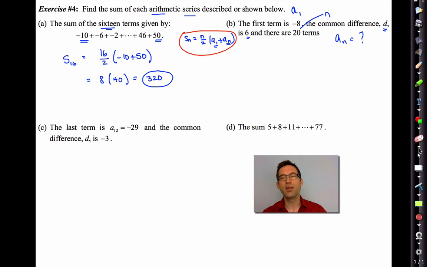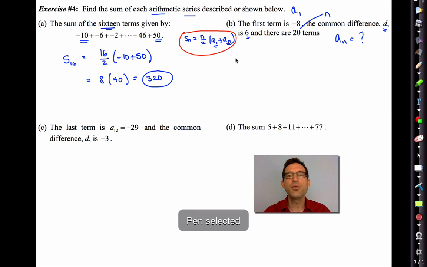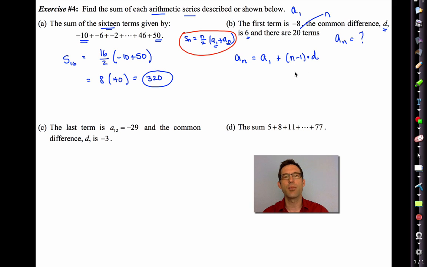So what we have to dig into now, actually, I don't want to erase that, is we have to use this formula. A sub n is equal to A sub 1 plus n minus 1 times d. You remember this? This is a formula that we had just a couple lessons ago when we looked at arithmetic and geometric sequences.